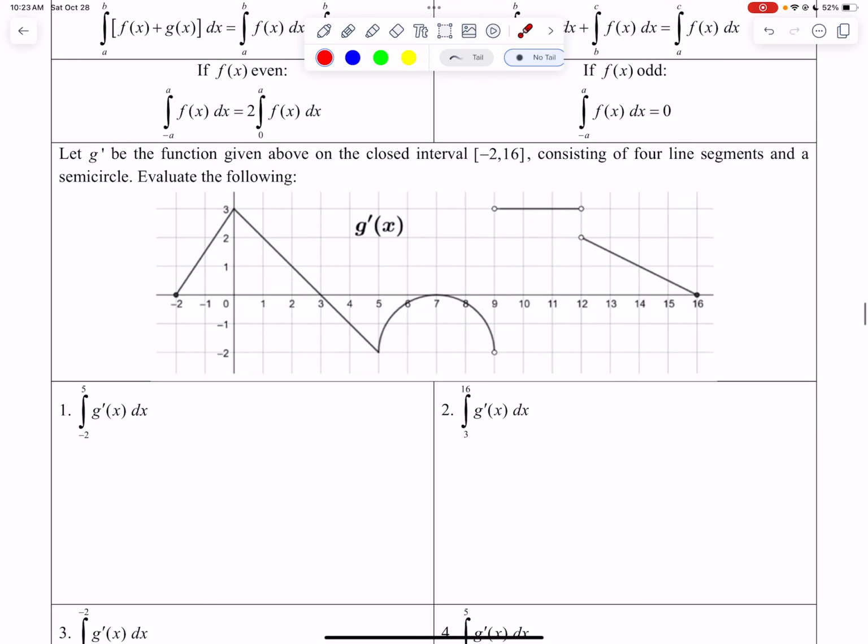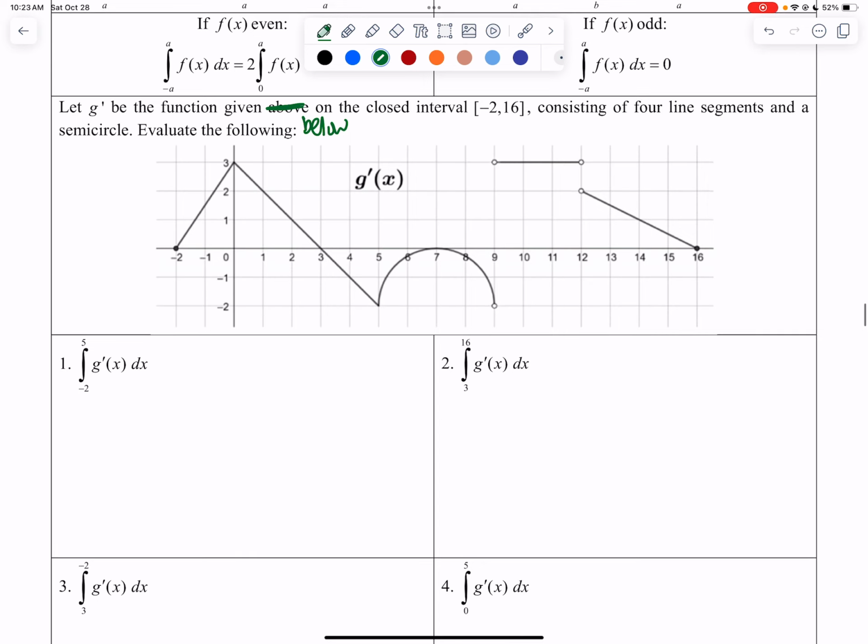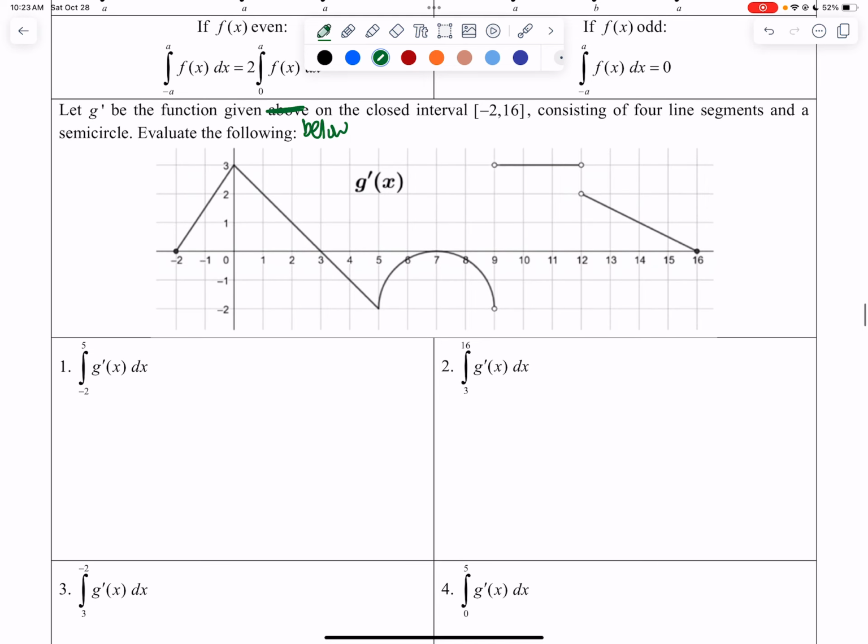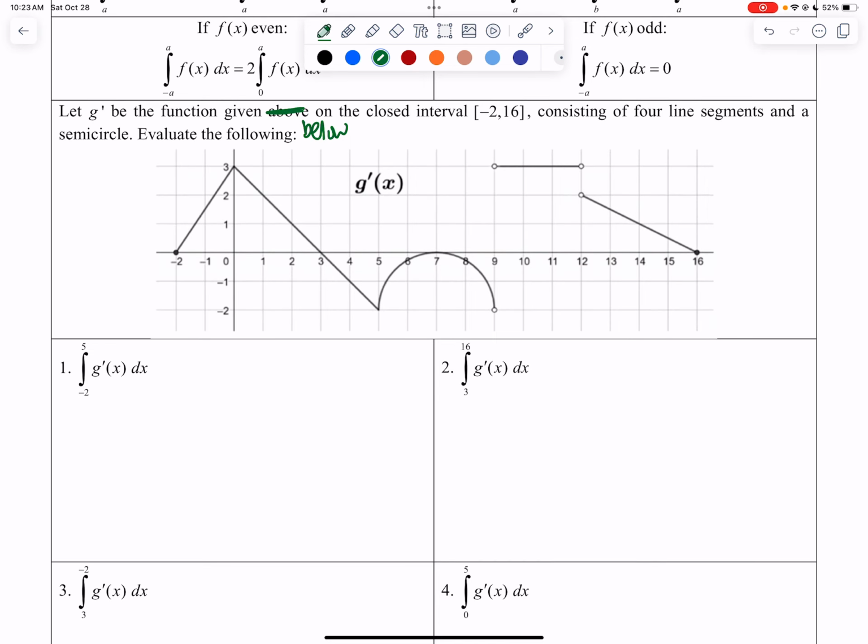All right, so let g prime be a function given below on the closed interval from -2 to 16 consisting of 4 line segments, and we want to find the following. So we want to find the area from -2 to 5 for number 1.